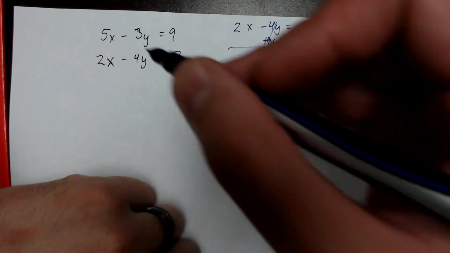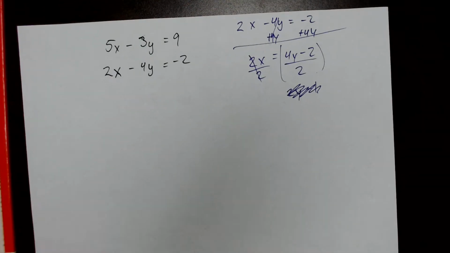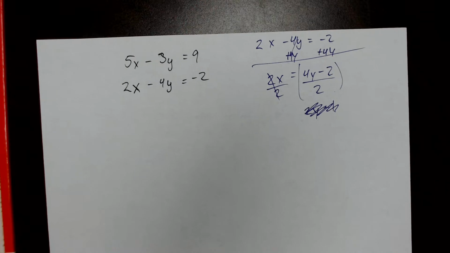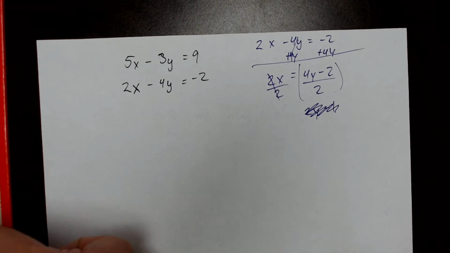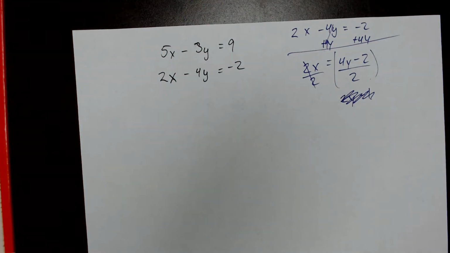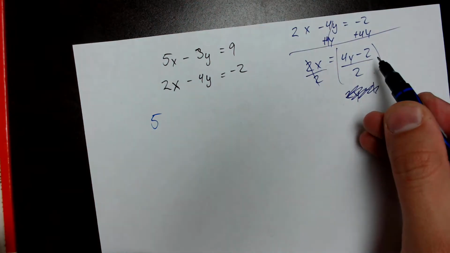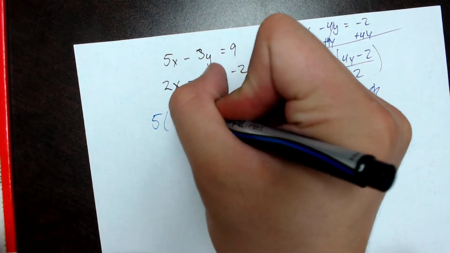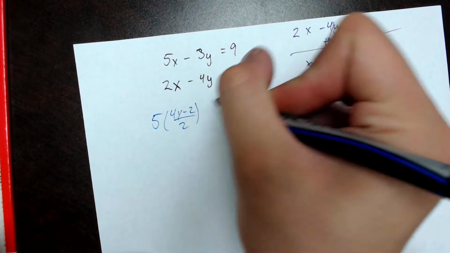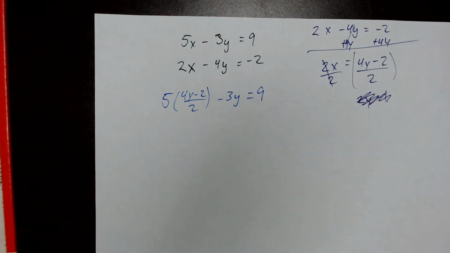So we're going to substitute this instead. We're going to take this value, 4y minus 2 over 2, the x value, and substitute it into the top equation. So instead of writing x, I'm going to write, in blue, 5 times 4y minus 2 over 2 minus 3y equals 9.